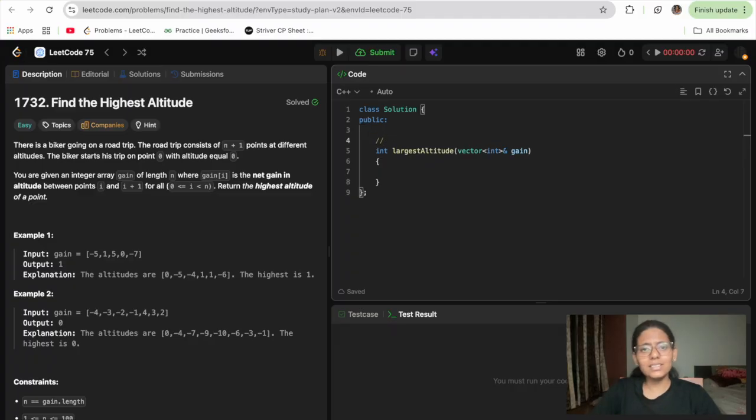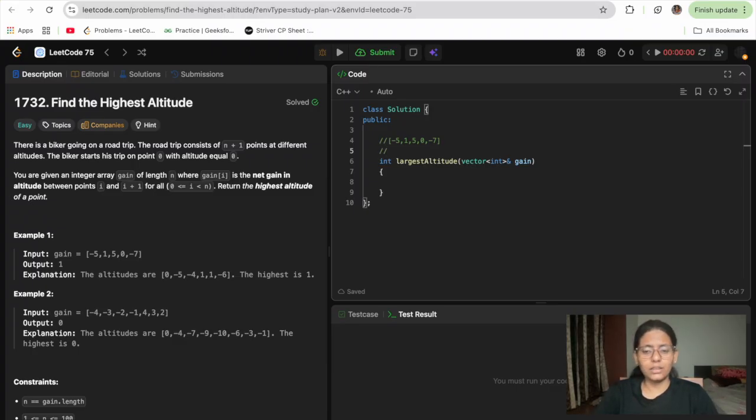So let's just dry run it first. We are at level 0. The gain between the zeroth point and the next point is given by the gain vector, and that is -5. So 0 plus -5 is -5.